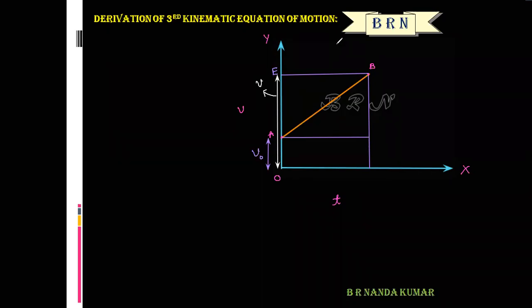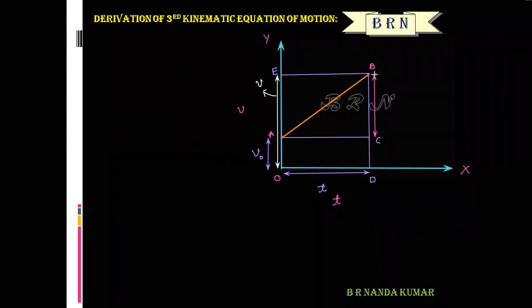Now let us consider this point as C, this point as D. OD represents the change in time, that is t, and BC represents the change in velocity, is it not?